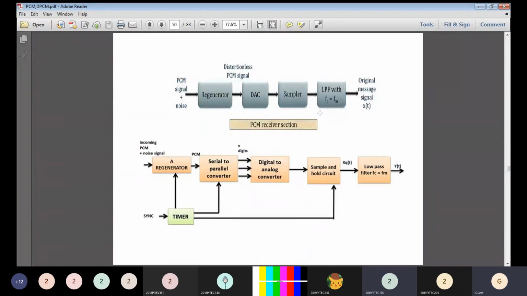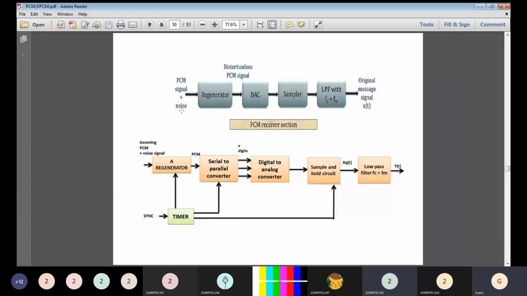Now this is the receiver section of PCM. As we know, the PCM signal is added with noise, then it goes to the regenerator. At the regenerator, we are getting the distortionless PCM signal, which is passed through a DAC, digital to analog converter.